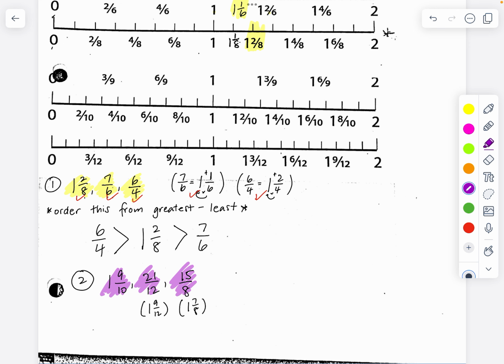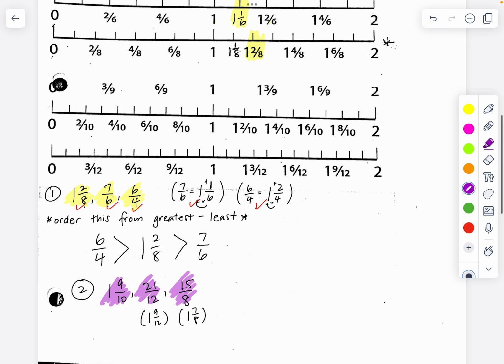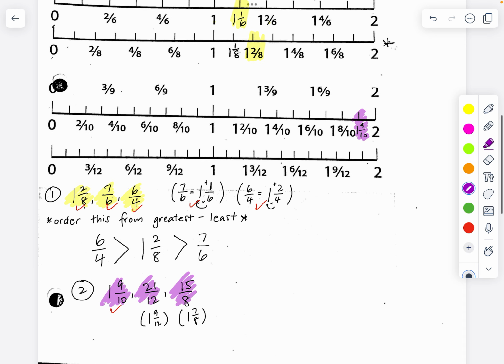Okay, so first thing I'm going to locate is 1 9/10, which is here. I'm just going to write this in. 1 9/10 is here. Okay, so I've done that. Okay, so 21/12, which is 1 9/12, which would be up here.